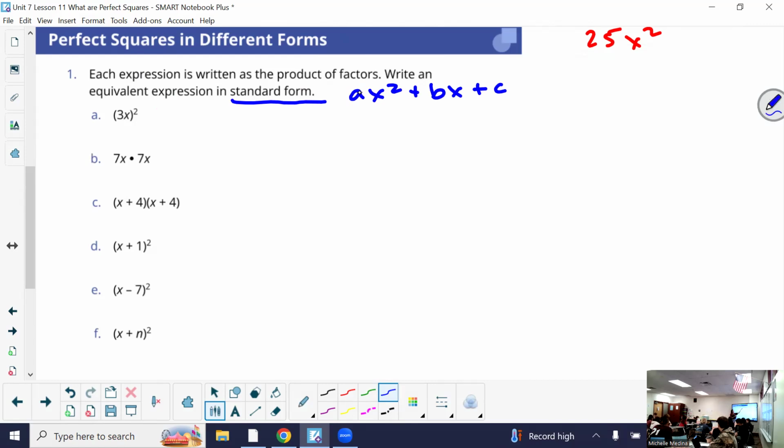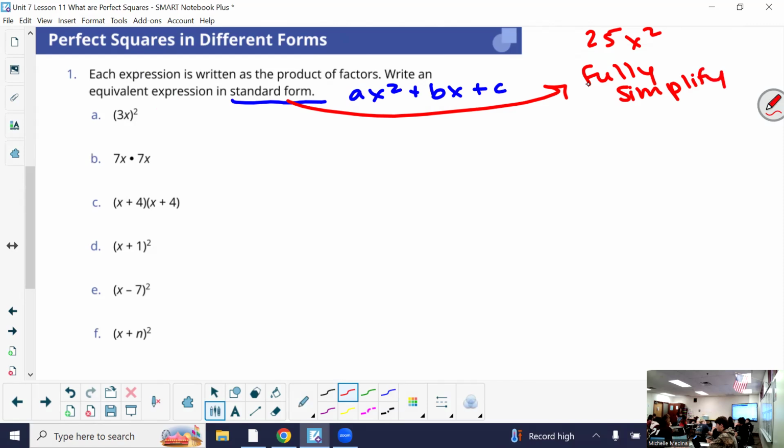You have to have an x squared term because otherwise it's not quadratic then. But when we say simplest form or standard form, really what we mean is fully simplify it. Multiply everything out, combine like terms. Ideally, it would go in the ABC order, descending order of exponents. Usually it ends up like that anyway when you're multiplying.